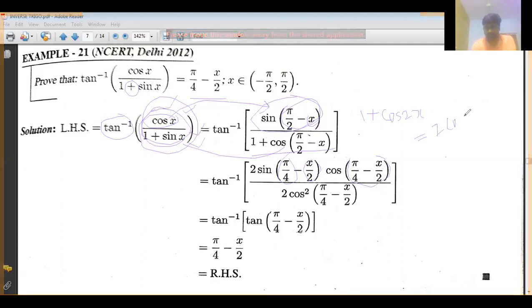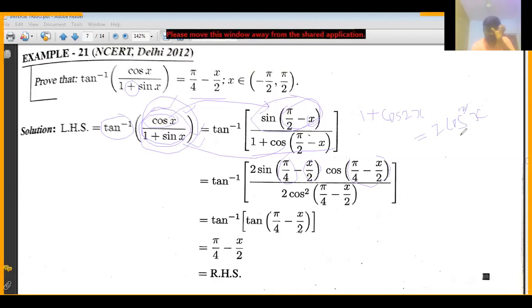So that we have learned in class 11. So 2 cos square x. Correct? And whenever we have 1 plus cos x, not cos 2x, it is 2 cos square x by 2. Same thing. 2 cos square, this angle by 2.